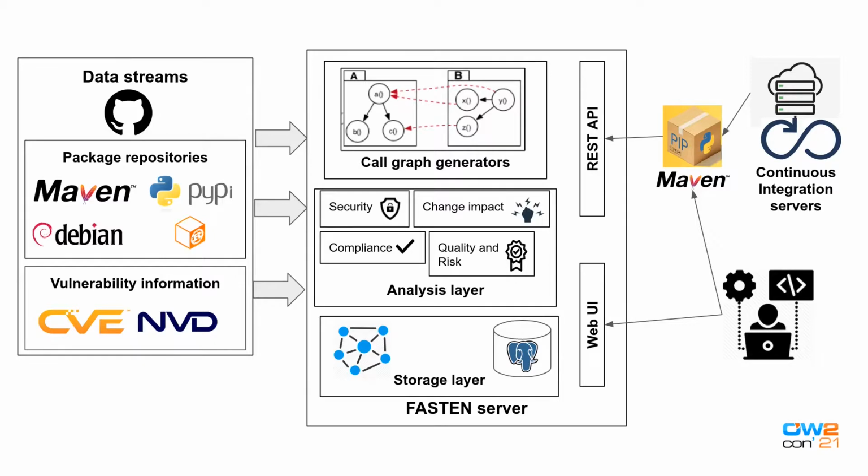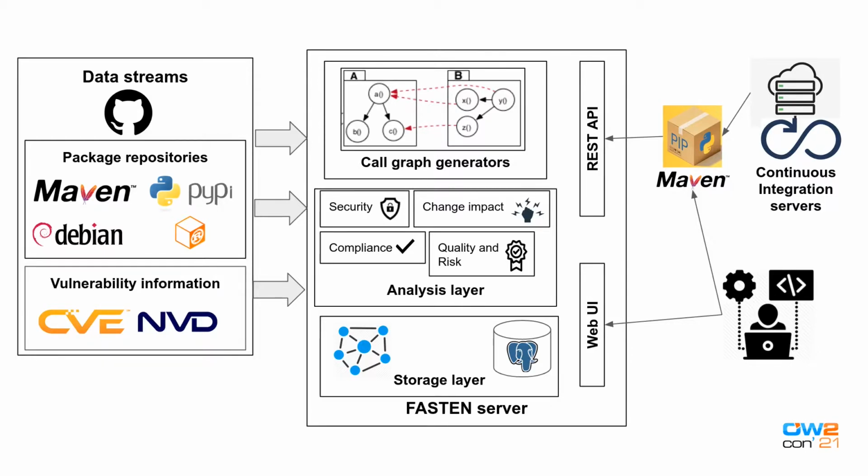And it will also process external sources of information, such as CVE, to get the security vulnerability information and associate it with specific code lines and then functions in the call graph.